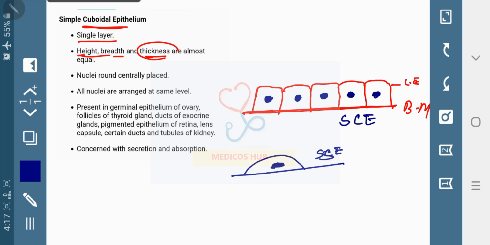Then we will see the function. Cuboidal epithelium helps in secretion and absorption.